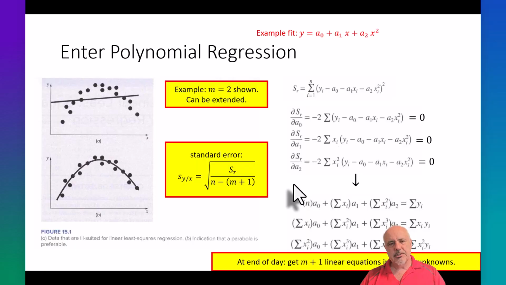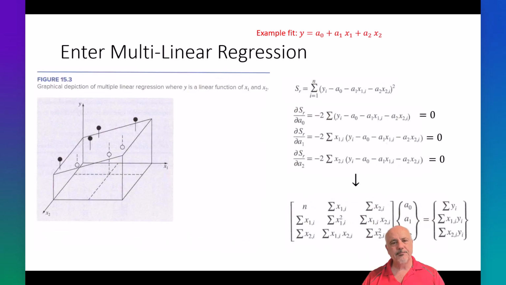Standard error is similar to what we had for the linear regression. We have SR divided by n minus quantity m plus 1, and the square root of that. Okay, so here we're going to look at multivariate or multiple linear regression, where we have 2 x values. We have an x1, we have an x2.